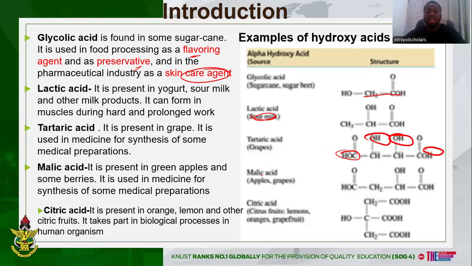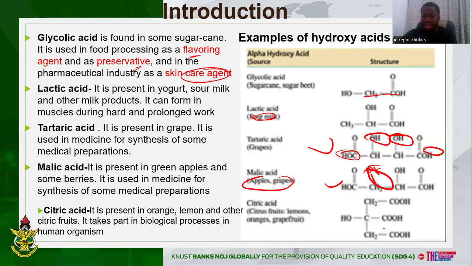The next one is malic acid, which is found in grapes and apple, right? Malic acid is like tartaric acid without one of the OHs, so that is what we can see here. The only difference between tartaric acid and malic acid is the loss of the OH group on this carbon, right? Now, citric acid, on the other hand, is quite different.